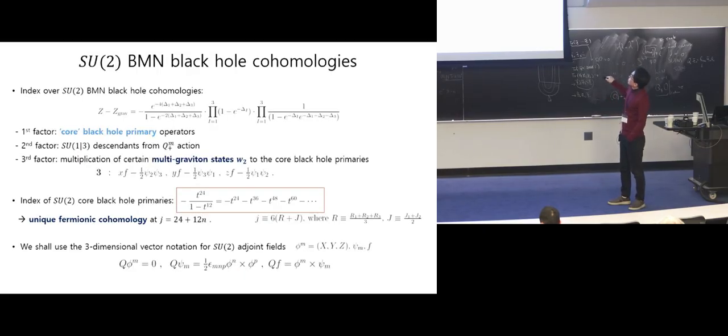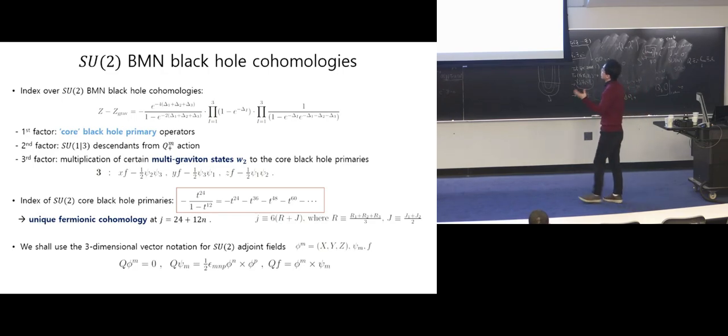So this fortuitous index has 3 factors. Some of them were already explained in the previous talk, but now we do not concentrate on the SU3 R-singlet subsector. This is the full BMN sector. The first part I want to interpret as the contribution from genuinely new core black hole operators.